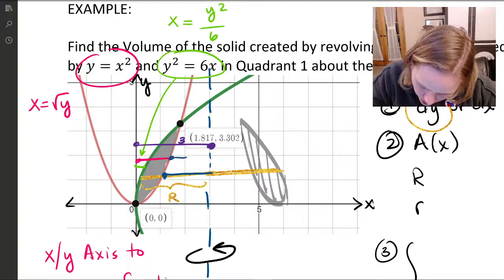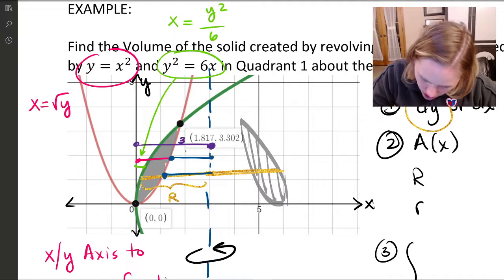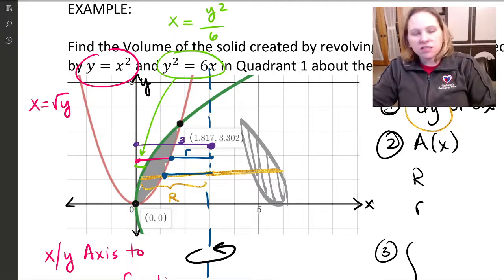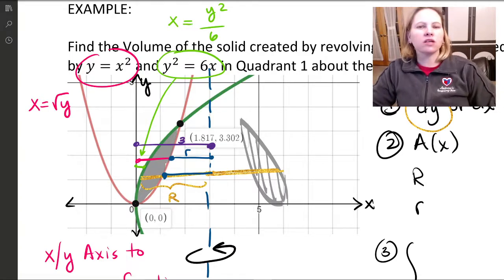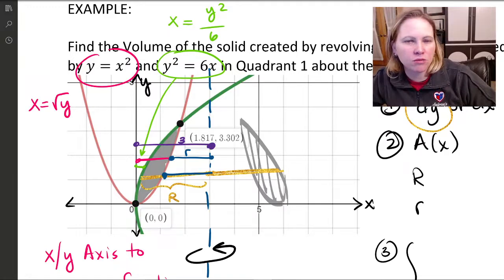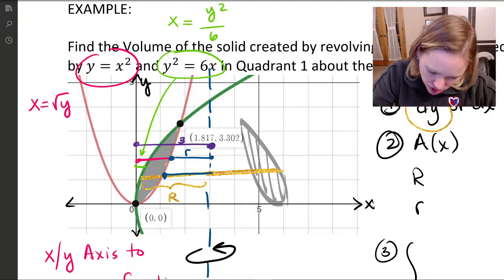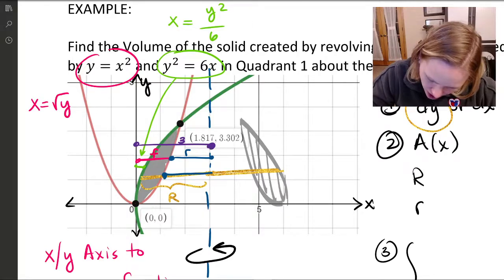Remember, little r and big R extend from the axis of revolution to one of the curves. So this is little r. And you'll notice something. The little r line segment plus the pink line segment add up to 3. So this is the pink function. I'm going to put f for function.